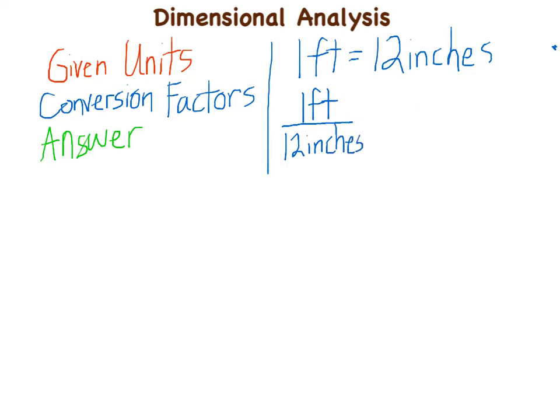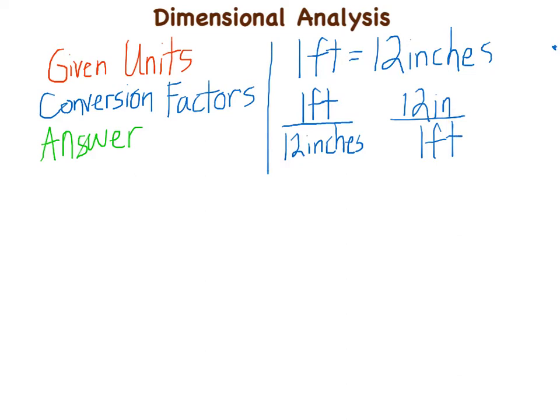And another way you can write it: this is basically saying for every 1 foot you have 12 inches, but you can also say for every 12 inches you have 1 foot. These two are not equal to each other mathematically, but conceptually it's just saying it backwards. 1 foot per 12 inches, or 12 inches per 1 foot. They're both the same exact thing.